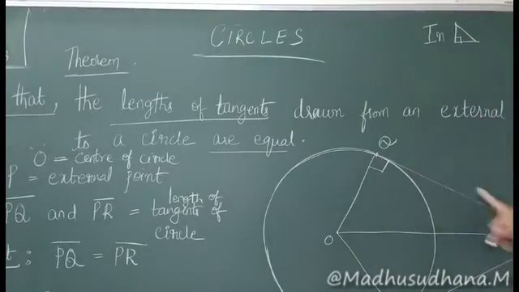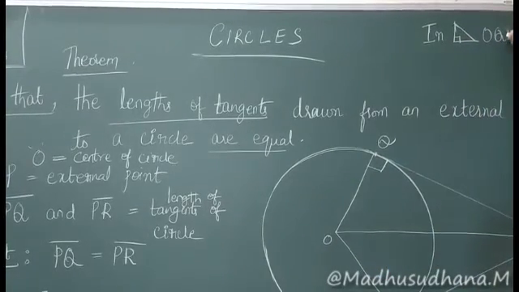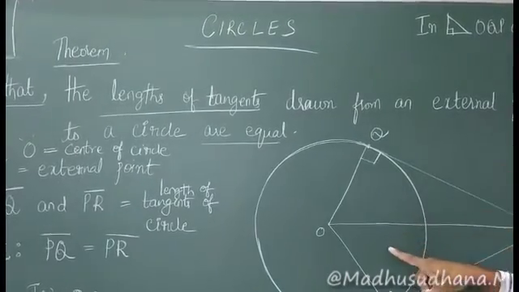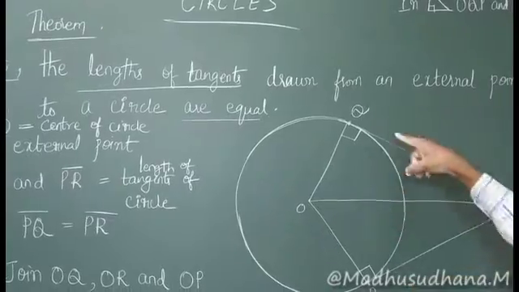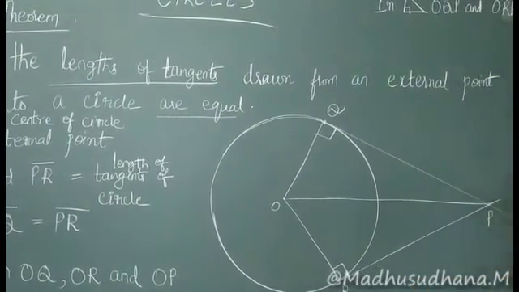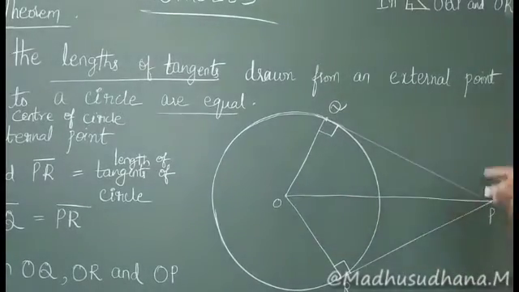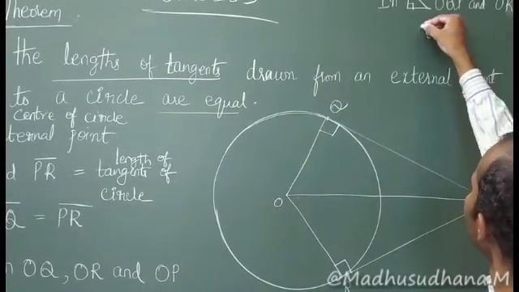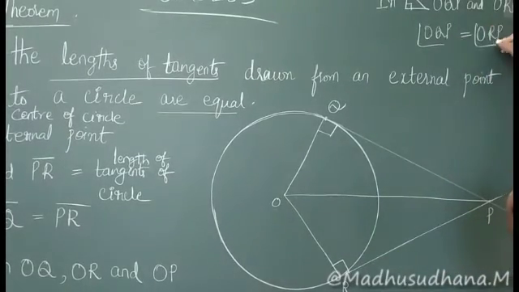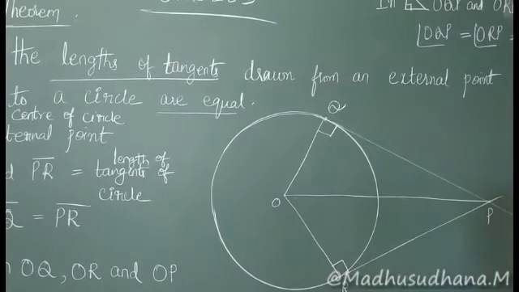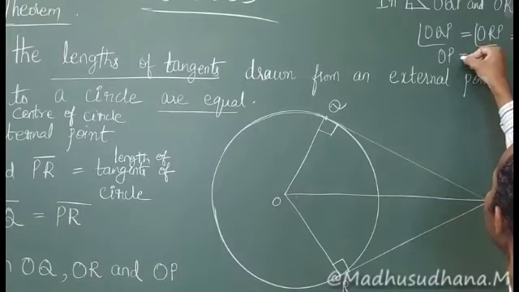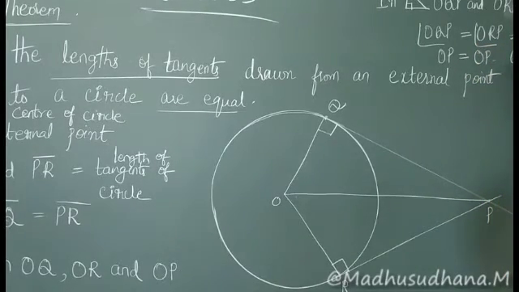Observe, see in the triangles. Continue with the proof part. In right angled triangles OQP and ORP, we can find that angle OQP is equal to angle ORP, which is equal to 90 degrees, right?